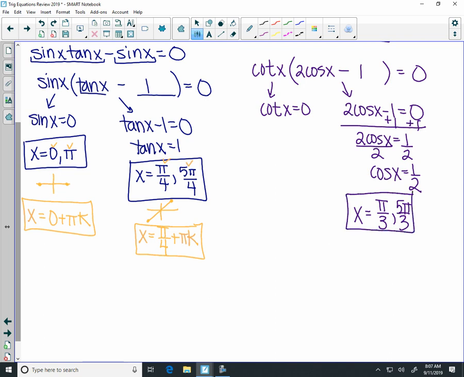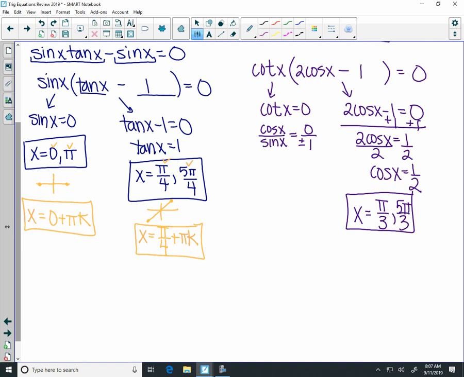Cotangent is a little trickier to think through, especially with zeros. I think the zeros and undefined are the hardest for me. So instead of thinking cotangent equals 0, what I know is cotangent is cosine over sine. And in order to have 0 as our cotangent, I need 0 on top. If cosine is 0, then sine is either positive or negative 1.